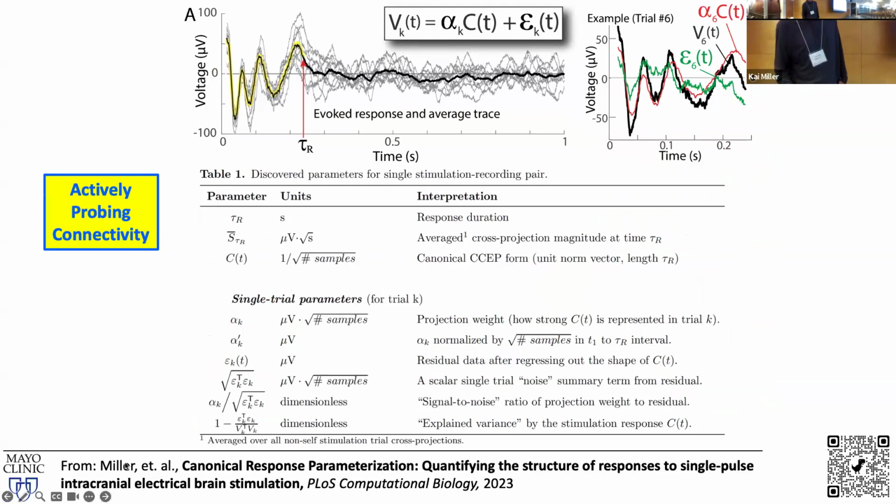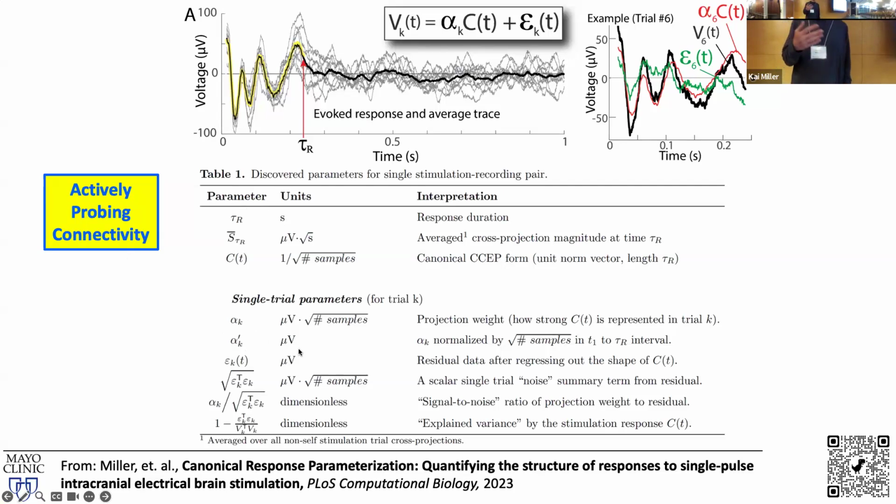Okay. And if you want to talk about the magnitude of response in units that make sense, this alpha, when corrected by the square root of the amount of time over which alpha takes place, or the number of samples, when you divide alpha through by that, we get this thing called alpha prime, which basically sits in microvolts.